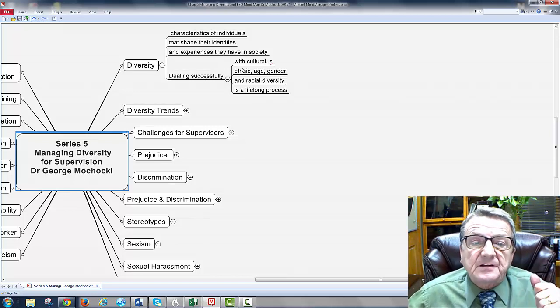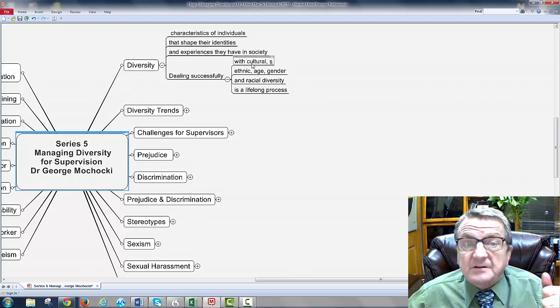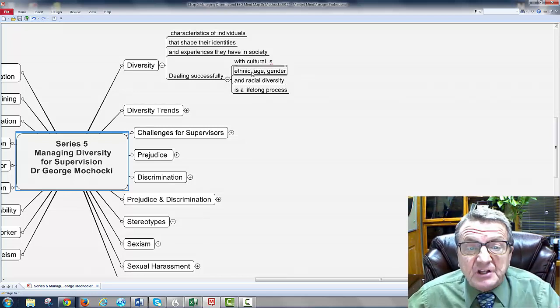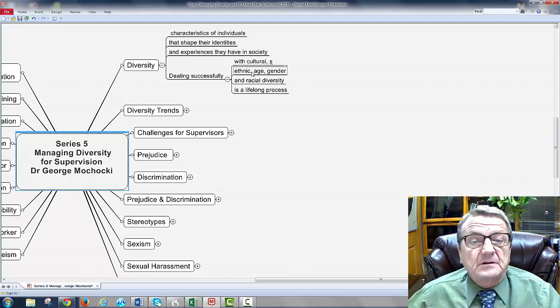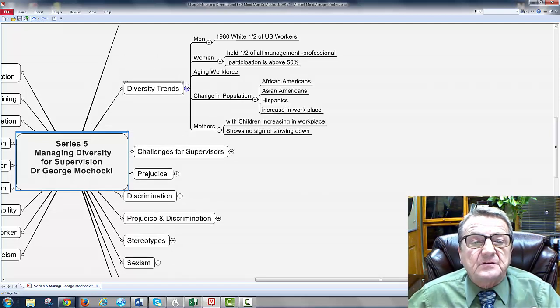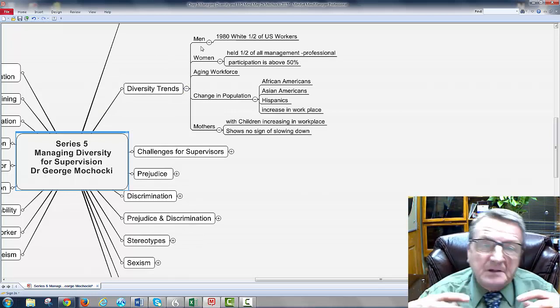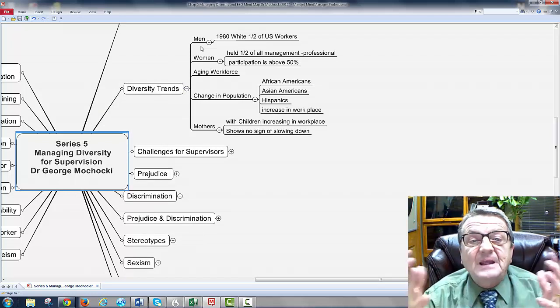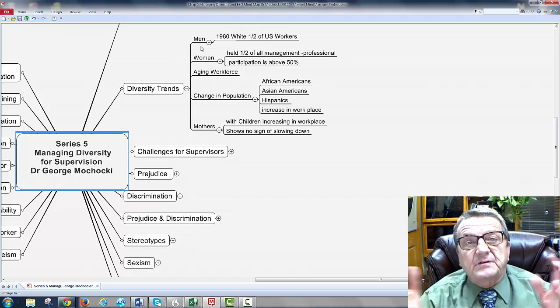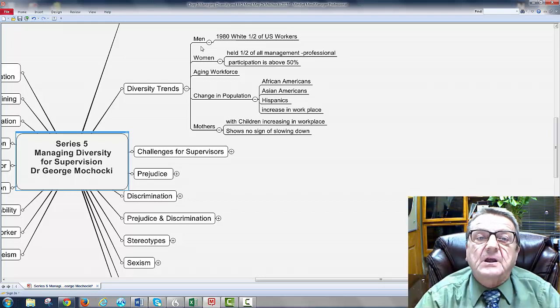Now, dealing successfully with cultures, I'm looking at diversity, I'm looking at ethnicity, I'm looking at age, I'm looking at gender, racial diversity, and all of this diversity is a lifelong process. It's not going to happen overnight. Okay, so what are some of the trends? Men. If I'm looking at men, from 1980, half of the workforce was predominantly white, Caucasian individuals.